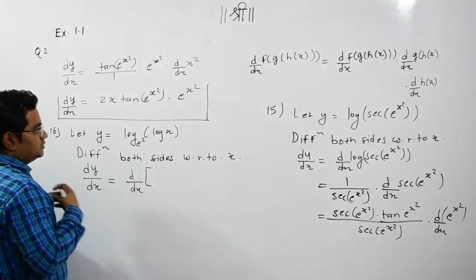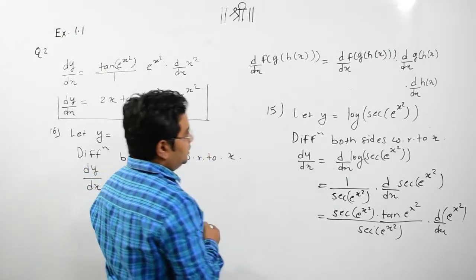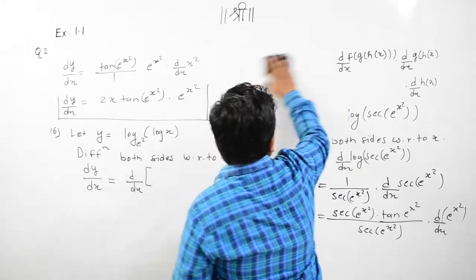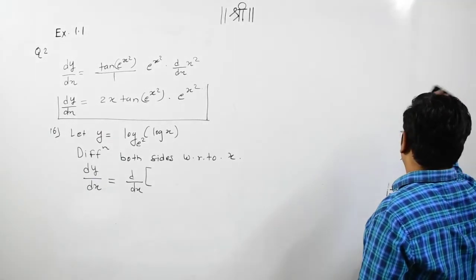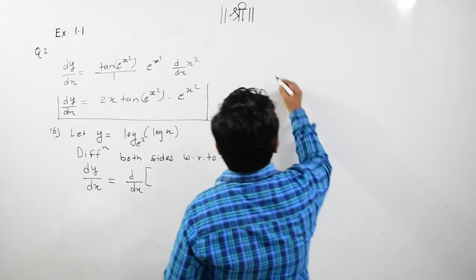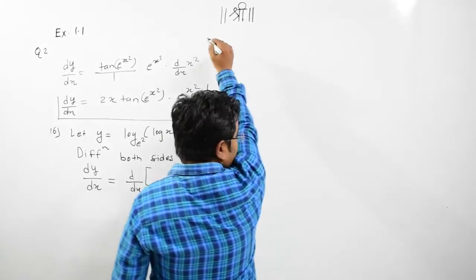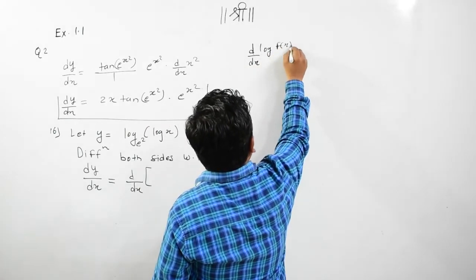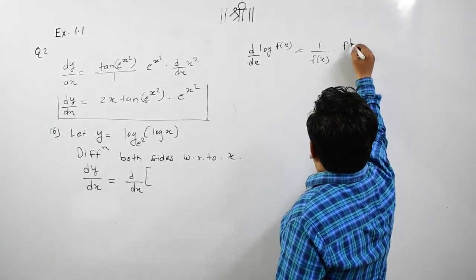Here is something basic. As I told you in the earlier lecture regarding these formulas: for log of f(x), d/dx of log f(x) is equal to 1 upon f(x) dot f'(x).